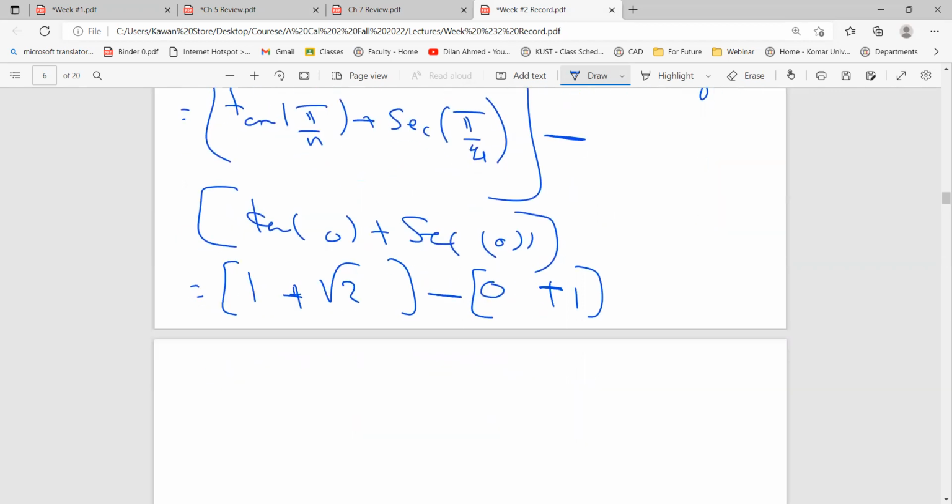Then I'll get 1 plus square root of 2 minus 1, and I'll get square root of 2.